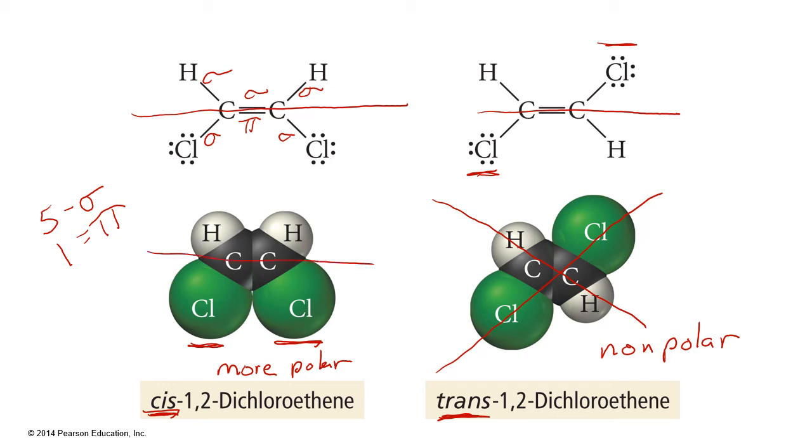Our cis bond is less symmetrical. We're going to have more electronegativity next to the chlorine, less electronegativity, delta, not sigma, less electronegativity next to the hydrogen.